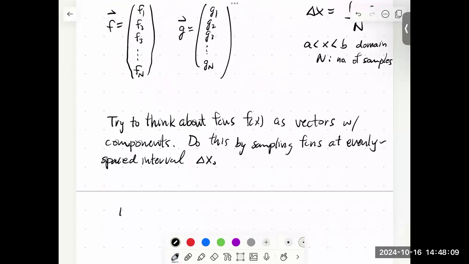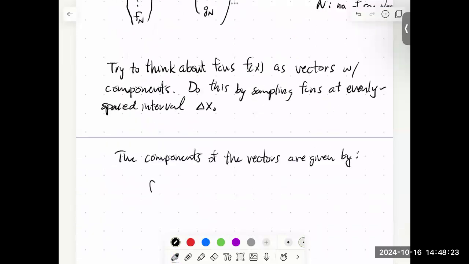The components of the vectors are given by f1 is f at x1, f2 is f at x2, and so on. Same thing for g.